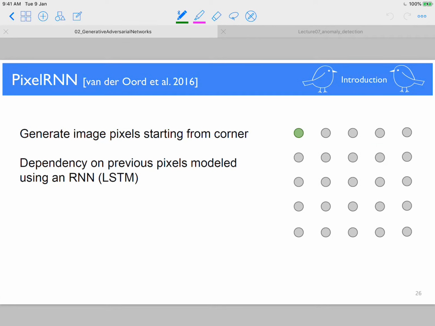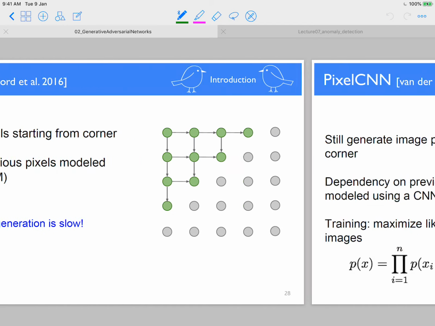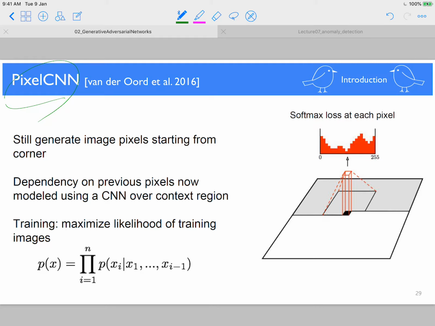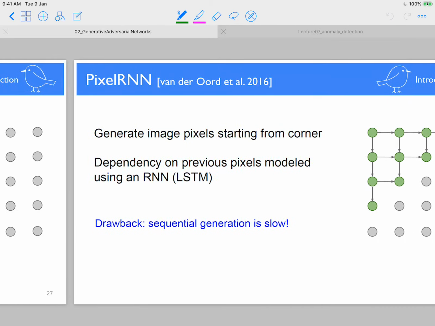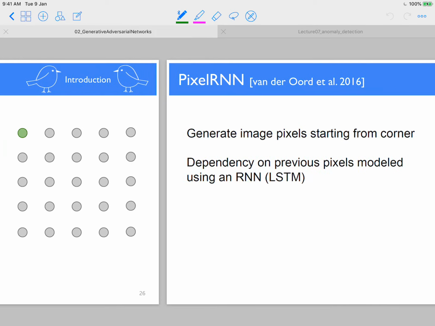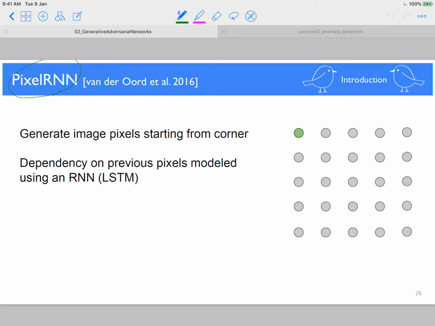Okay, so there is a model called pixel RNN and also this pixel CNN. Pixel RNN is an LSTM-based generative model.